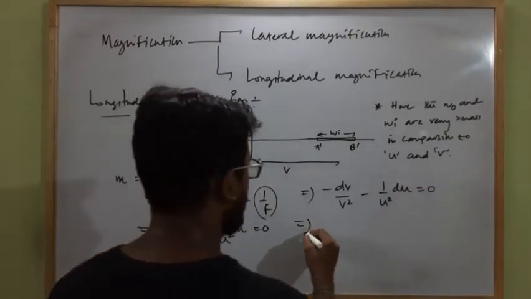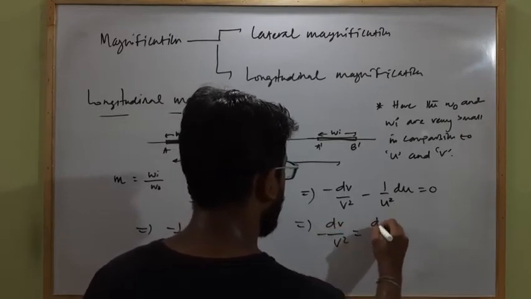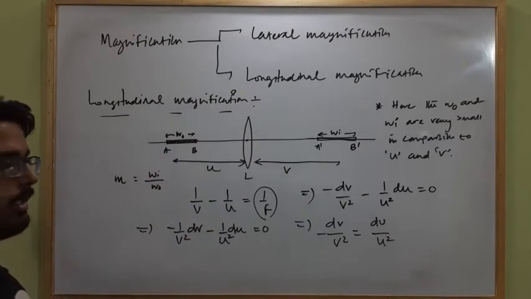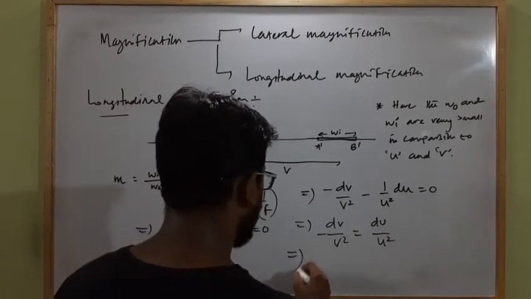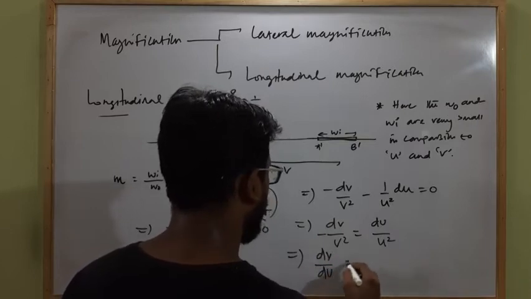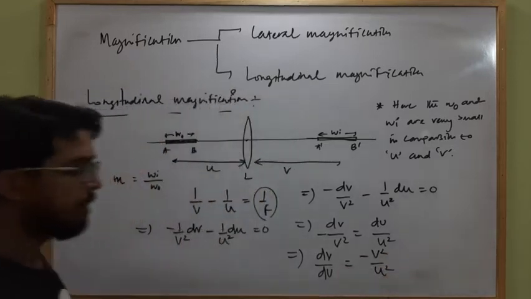So this implies dv by v square equal to du by u square, which implies dv by du equal to minus v square by u square.